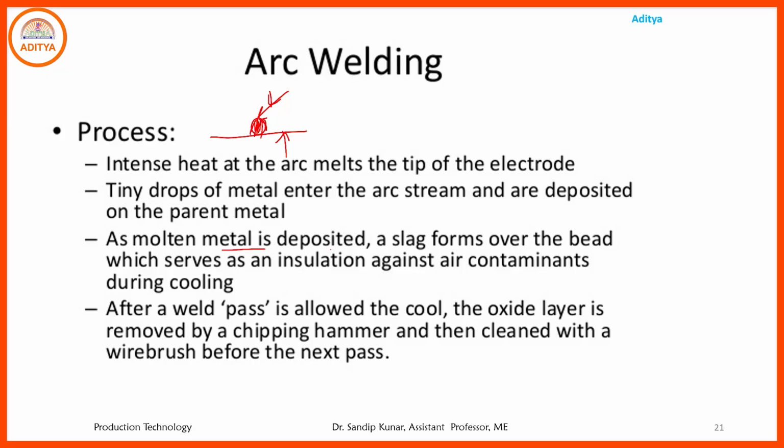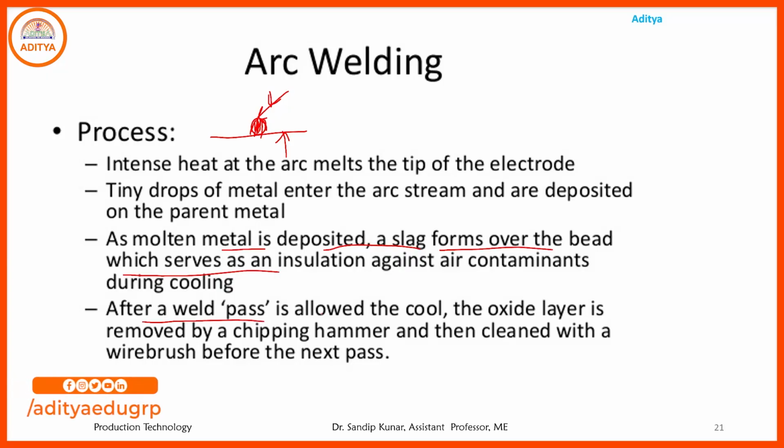The molten metal is deposited. A slag forms over the bead due to melting of the flux. The filler material has a flux coating, and during melting of the filler material, the flux also melts, and after welding a flux-coated layer forms on the welding surface.